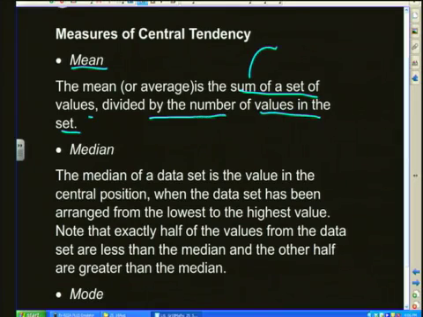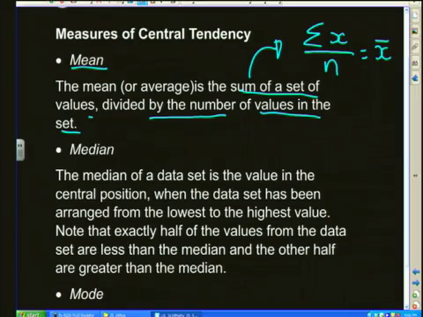And what you'll notice with your formulae is when we talk about the sum, well, really throughout maths, but specifically in stats, we use sigma, which is a Greek letter representing the sum. So if we're looking at the mean, we're going to say it's the sum of all the x values divided by the number of values in the data set. And we say that's equal to the mean, which we write as x bar.